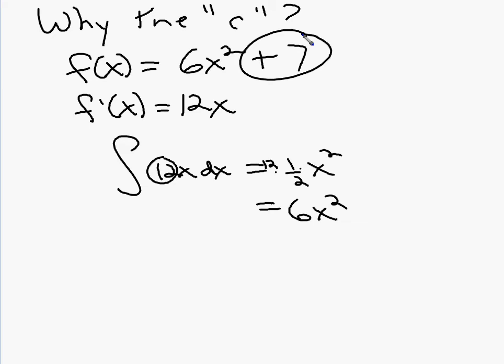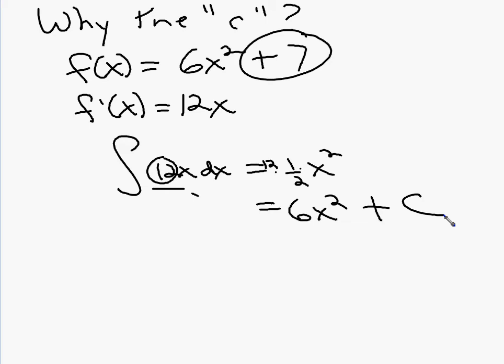Well, if I'm just integrating plain old 12x dx, I have to account for the fact that there could have been a constant out there. So I just write plus c. Later on, we will find out how to find that c. But to know that, we have to have more information than what I just gave you.